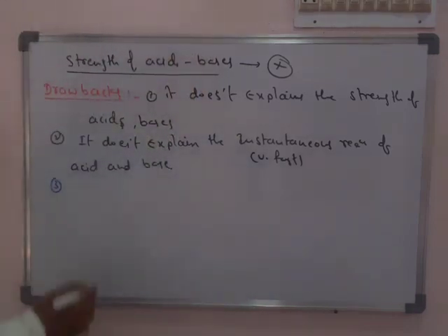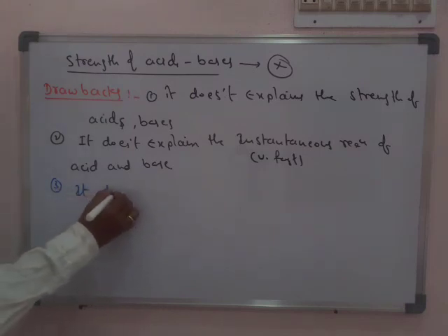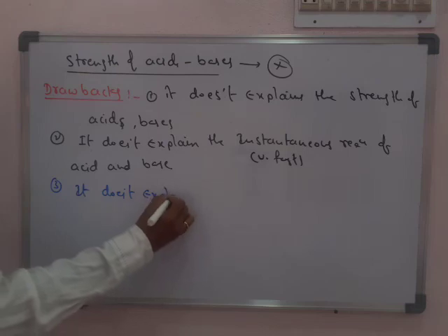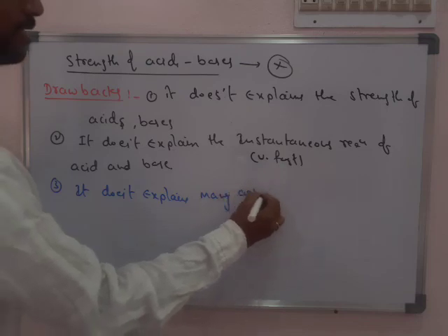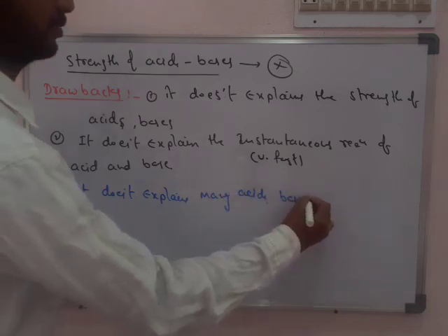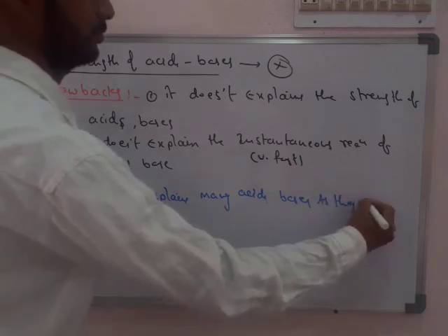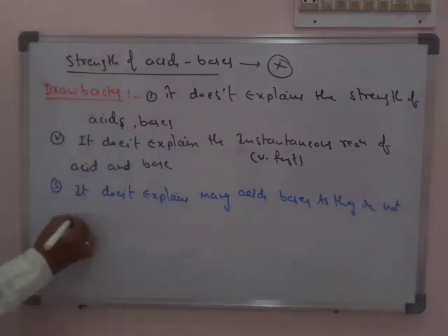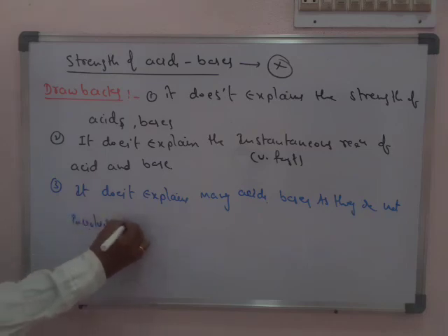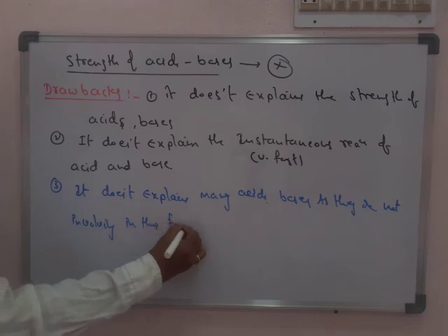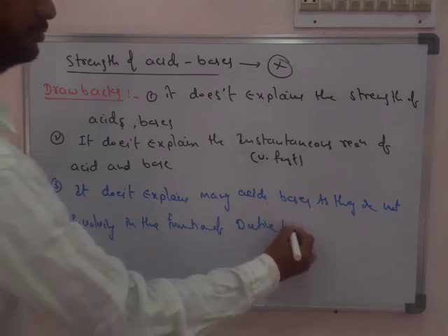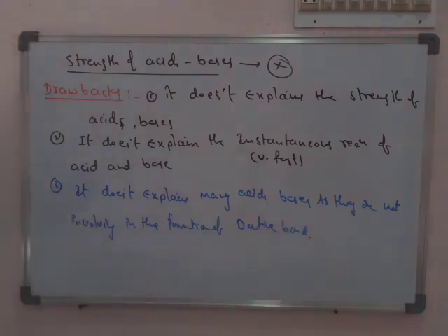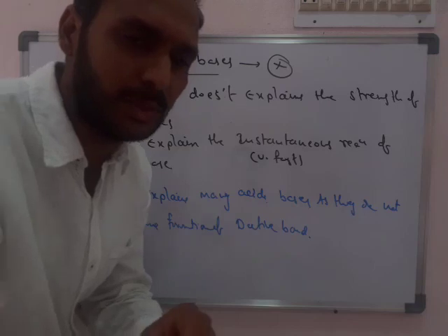It does not explain many acids and bases, as they are not involved in the formation of a dative bond. Okay, so these are the main drawbacks in Lewis acid-base theory.